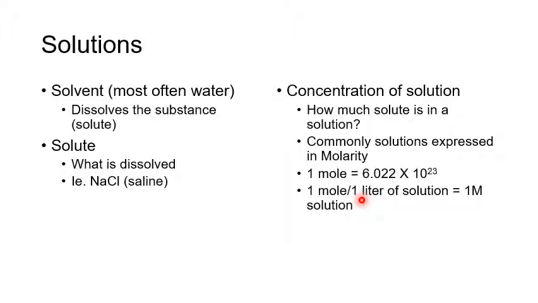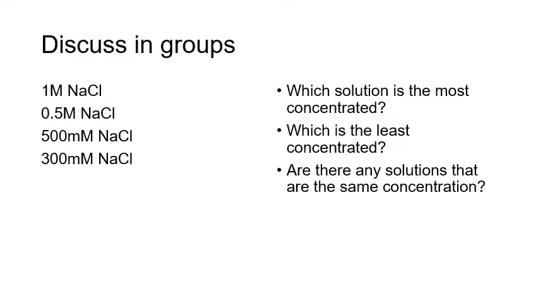So that is what molarity is telling you, how much solute is actually dissolved. Because we're going to be comparing the solutes between, say, outside the cell and inside the cell, you need to understand this concept of what concentration means.